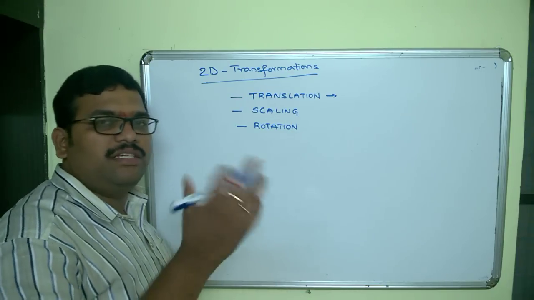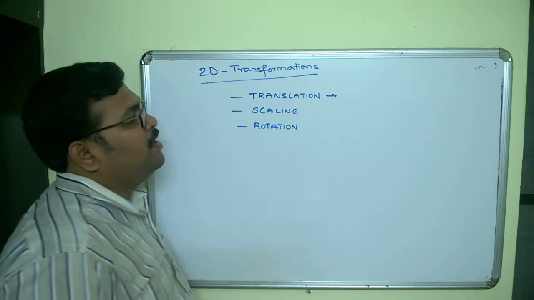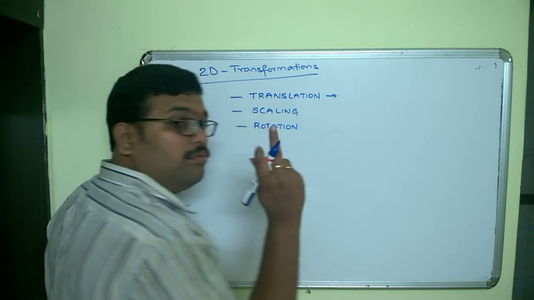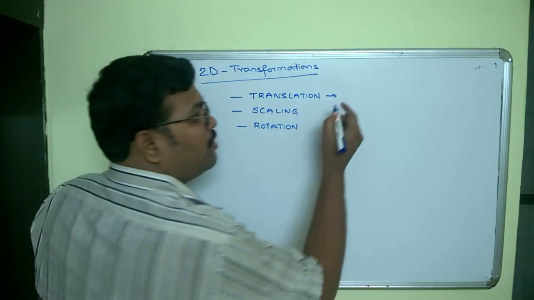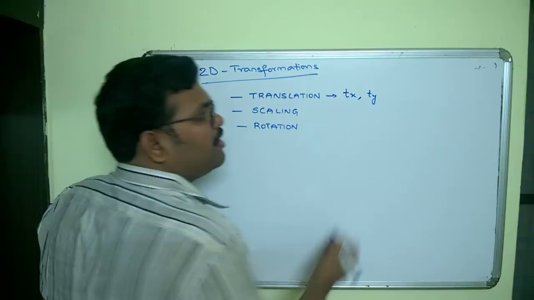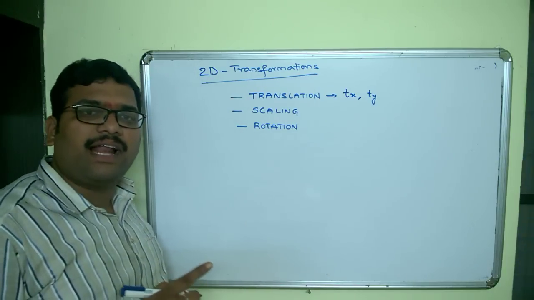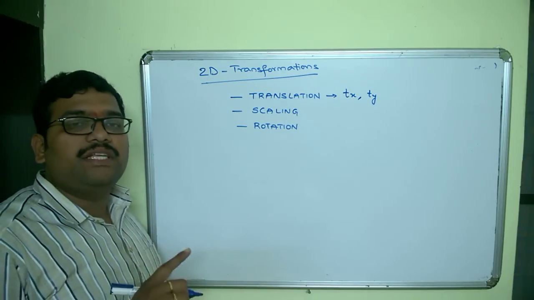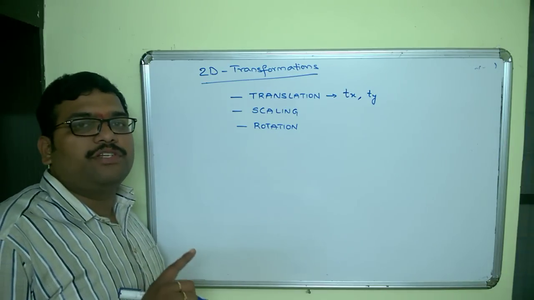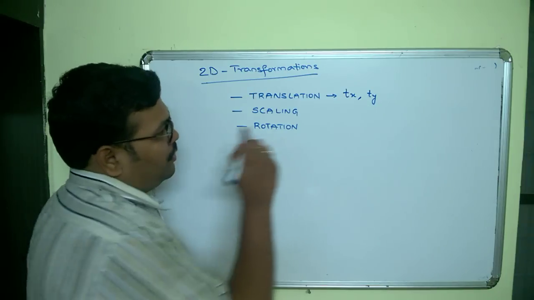That means changing the position of an object. For this change, we require two translation parameters called Tx and Ty. The name itself indicates Tx is the translation parameter with respect to the x-axis, Ty the translation parameter with respect to the y-axis.